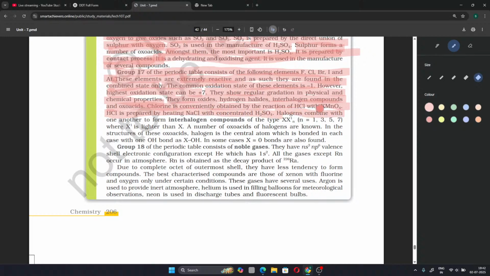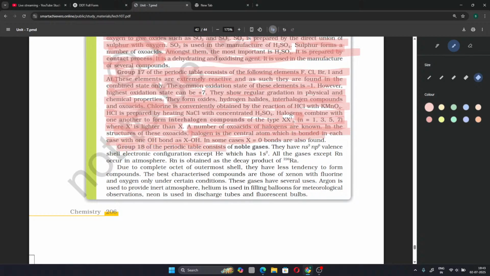Halogens combine with one another to form interhalogen compounds of type XX', where X' is smaller and more electronegative, lighter than X. A number of oxoacids of halogens are known. In the structures of these oxoacids, the halogen is the central atom, bonded in each case with an OH bond as XOH, and in some cases X=O double bonds are also found.